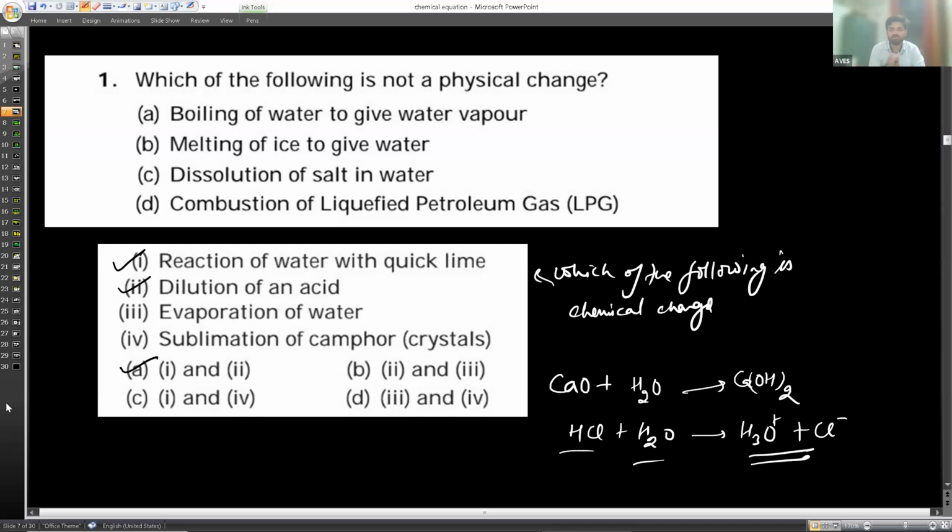Similarly, in simple evaporation, liquid water changes into gaseous state, and no other substance is formed. Got it? That's why these two are physical changes. There is no new substance.